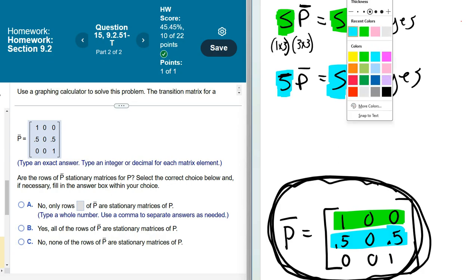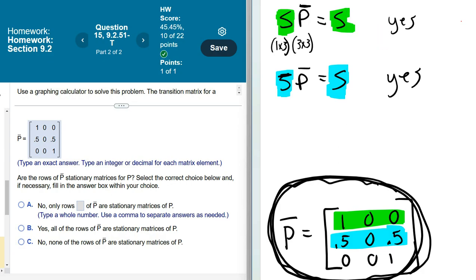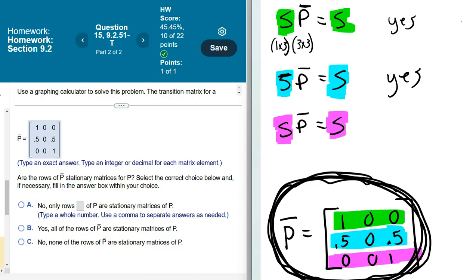And then you've got to do it one more time because it's asking do all the rows. So now we use this one as S, right? Take S times the limiting matrix P, and you're checking. When I take this S, this bottom row here, times P, which is the whole matrix, do you get that stationary matrix? Yes, I got them for all three.